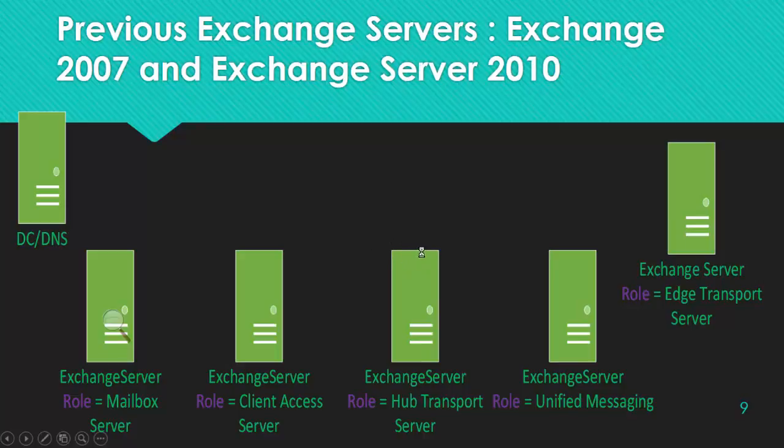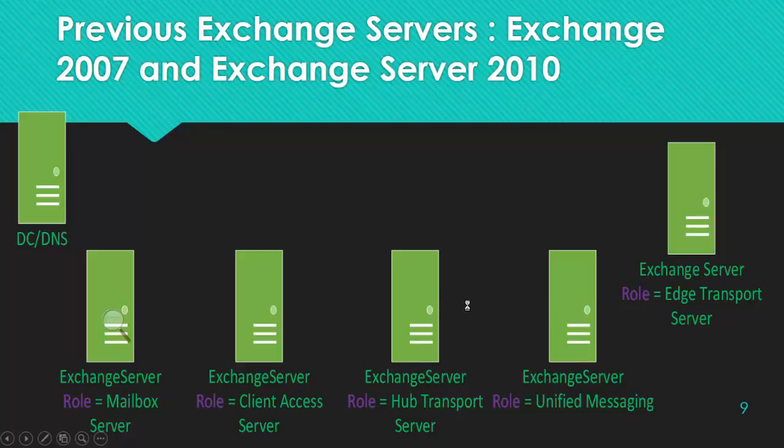It is responsible for receiving emails in a secure way, and if somebody in the company sends an outbound email to the internet, it will go through the Hub Transport Server role. If an Edge Transport Server role is also involved, then the Hub Transport Server forwards the emails to the Edge Transport Server role. So Exchange 2010 and 2007 had these roles, which are no longer available in Exchange Server 2013.